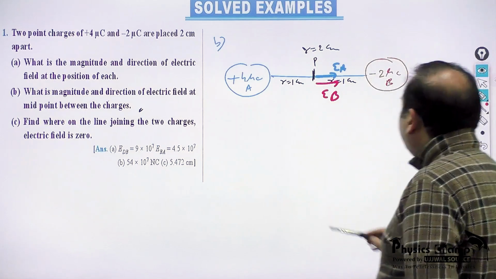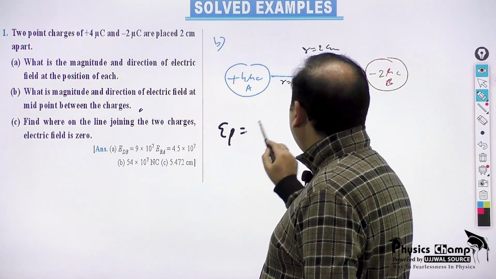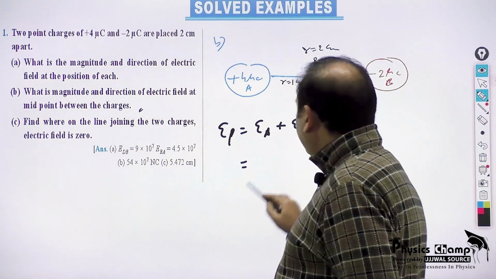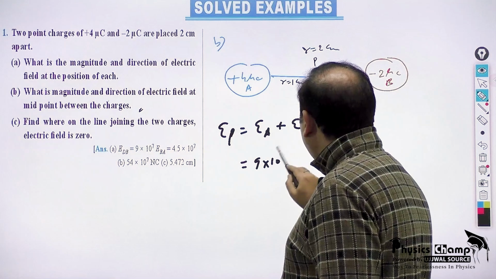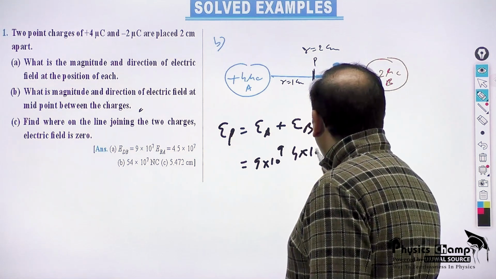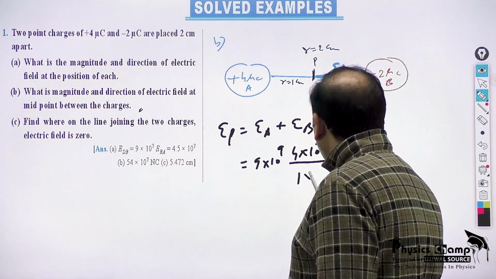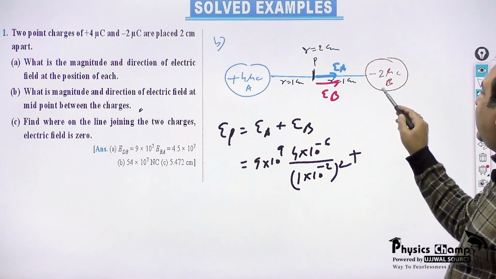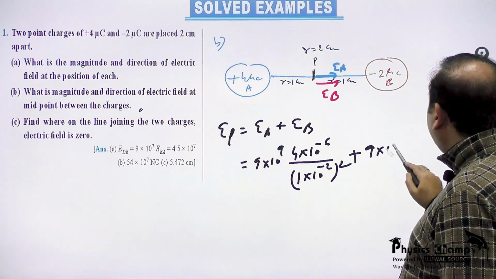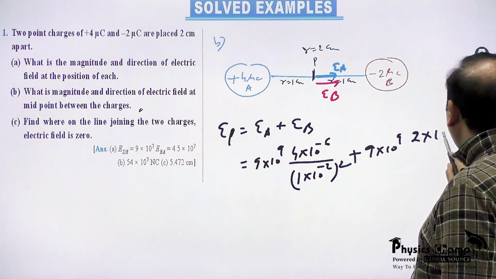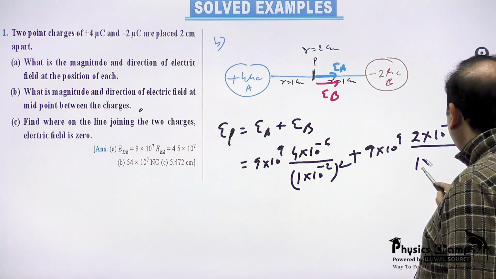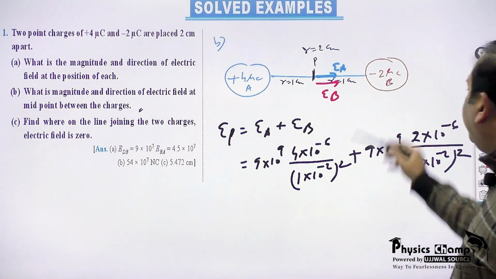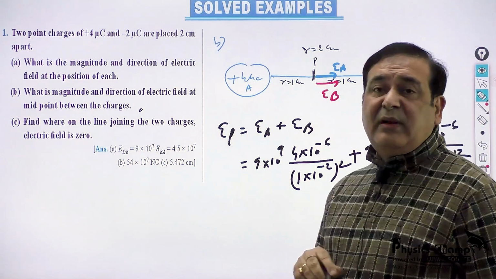So the electric field at P will be EA plus EB. The magnitude of EA will be 9 into 10 to the power 9 into 4 into 10 to the power minus 6 divided by 1 into 10 to the power minus 2 square. And electric field due to B will be 9 into 10 to the power 9, 2 into 10 to the power minus 6 divided by 1 into 10 to the power minus 2 square, because the separation of each from P is 1 centimeter now.